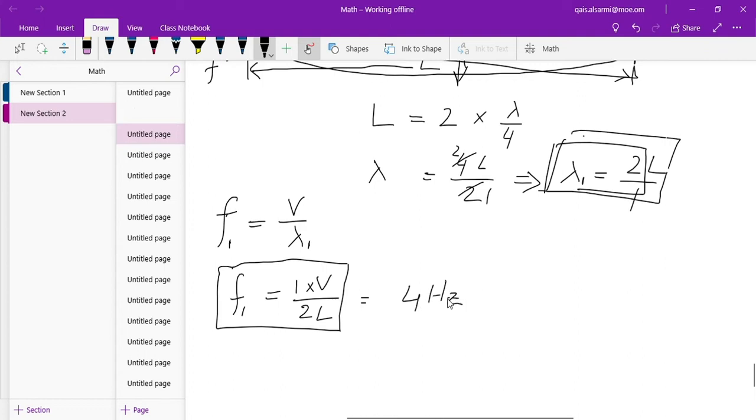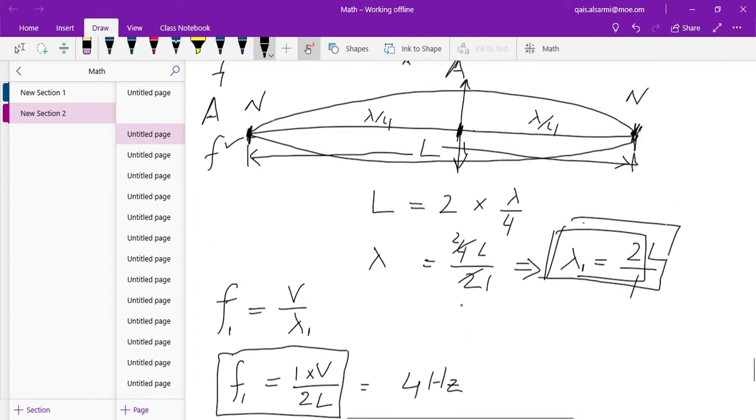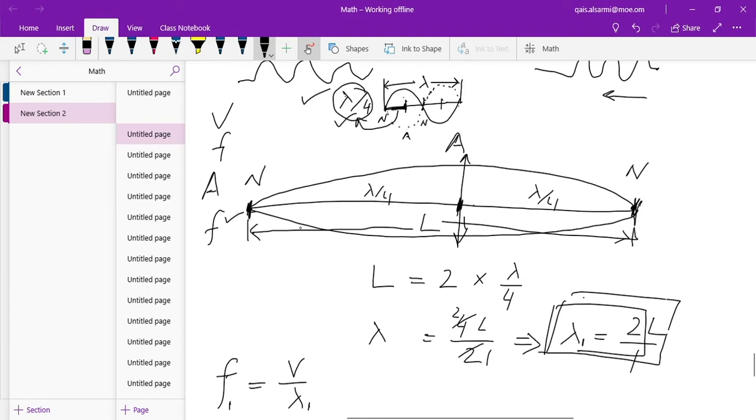What this 4 Hertz means is that every point on a standing wave, every point except nodes, because nodes are not moving at all, is vibrating up and down 4 times a second. Like for example, it starts from here, 1, 2, 3, 4, 1 second completed. So in every second, every point will vibrate 4 times.